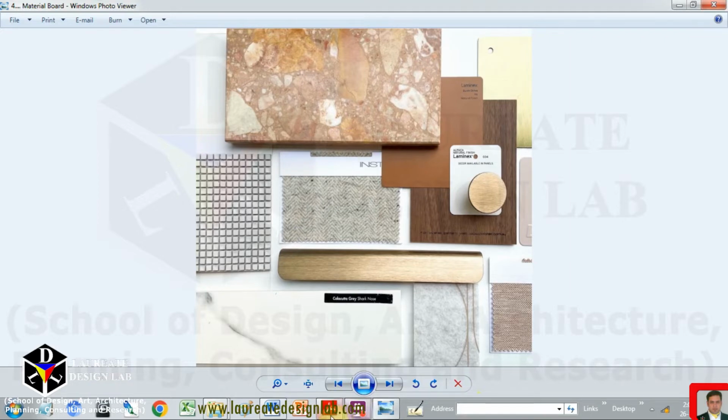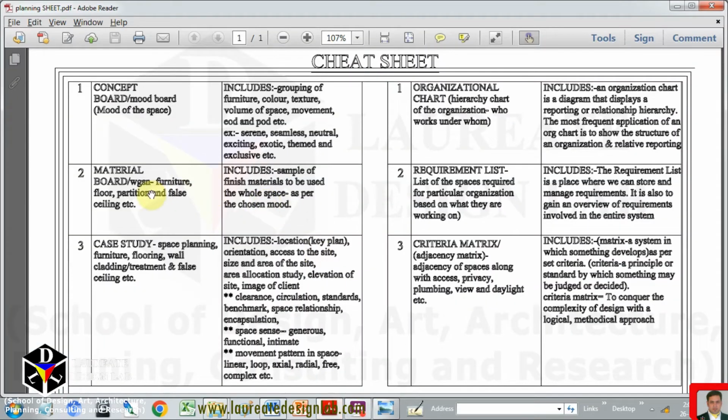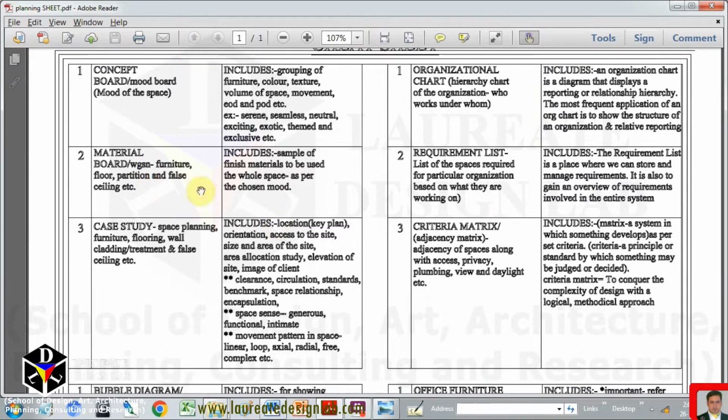Now the next thing I'll talk about is the material board. From the name it is quite obvious: the materials which will be used for the interior space are taken into this. A board is made to present to the client, saying these are the materials I'm going to use.